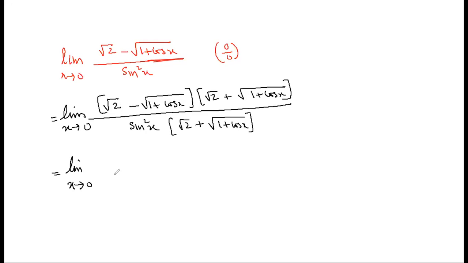Then I wrote 2 minus 1 plus cos x upon sin square x into 1 upon root 2 plus root 1 plus cos x. I took the denominator part down and made it 1 upon.